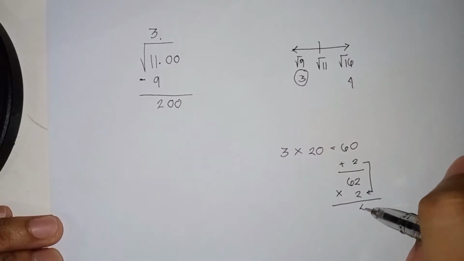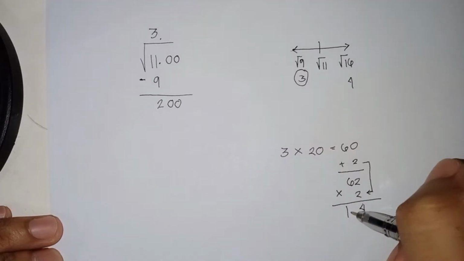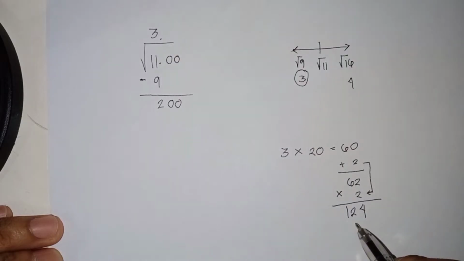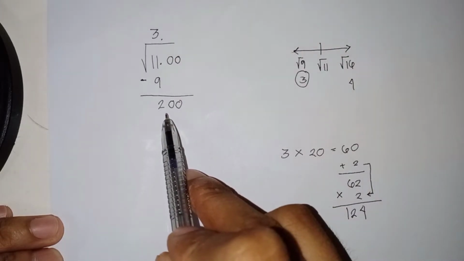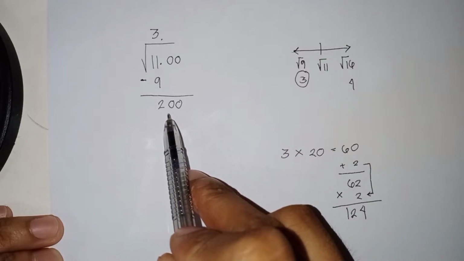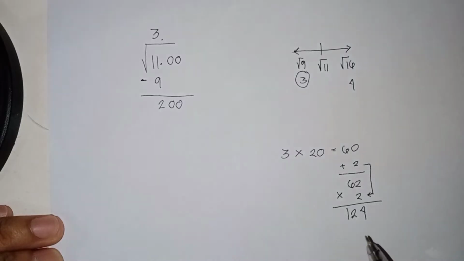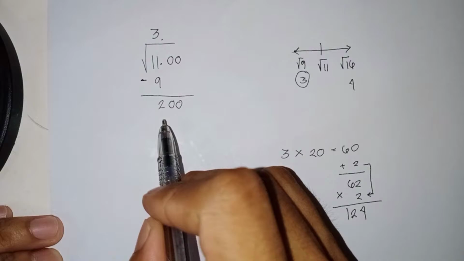So 2 times 2 is 4. 2 times 6 is 12. Dapat itong makukuha nating value dito ay dapat less than sa 200 or hindi lalagpas sa 200 or equal sa 200. Kung mapapansin natin, 124, so parang mukhang malayo pa siya sa 200.